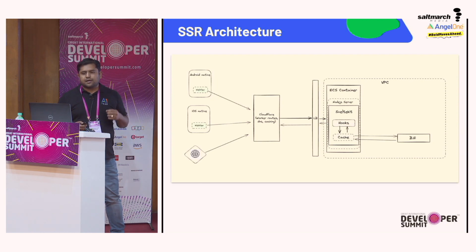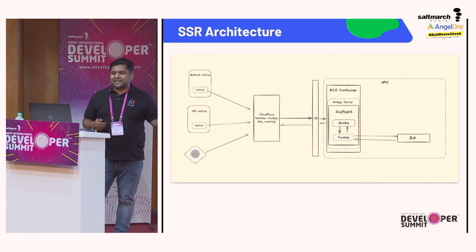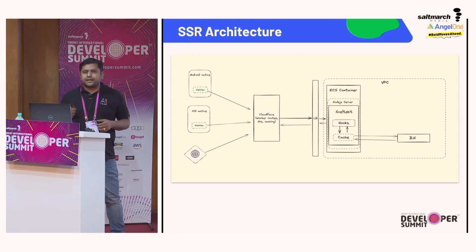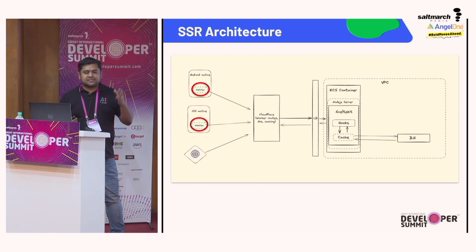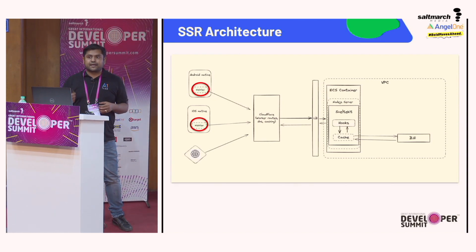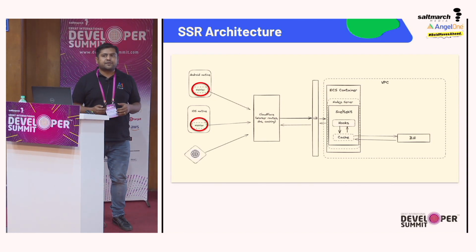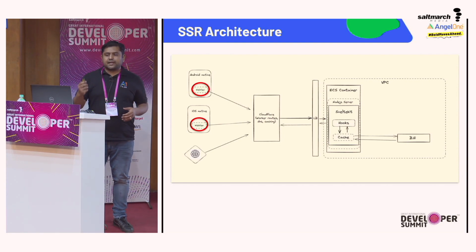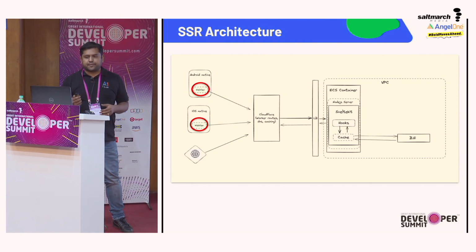A user can choose to open our page either inside our Angel One Android native apps, Angel One iOS native apps, or via a normal browser. It can be a mobile browser or a desktop browser. In the case of our native apps, we are opening our pages inside a web view. Due to this, performance was even more critical for us because we didn't want our users to feel a disconnect when they're navigating between different parts of the app.